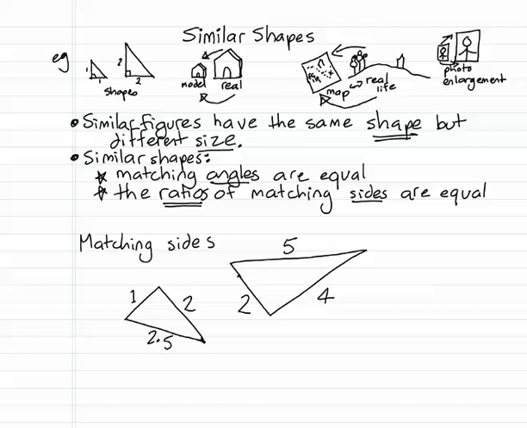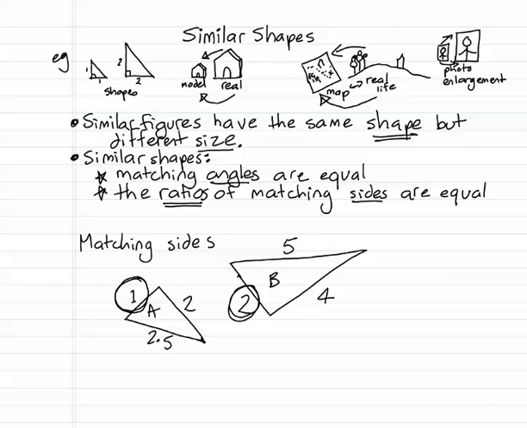Matching sides in these two shapes, let's call them A and B. In triangles, it's nice and easy. The smallest side on shape A matches the smallest side on shape B. So sides 1 and 2 are matching sides.